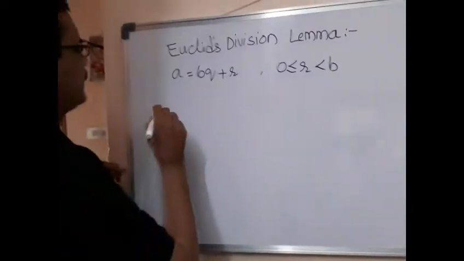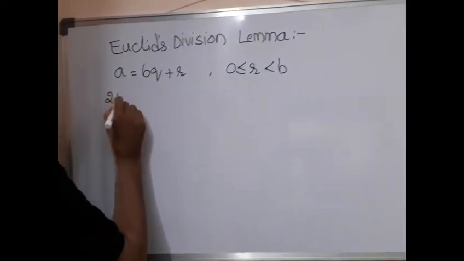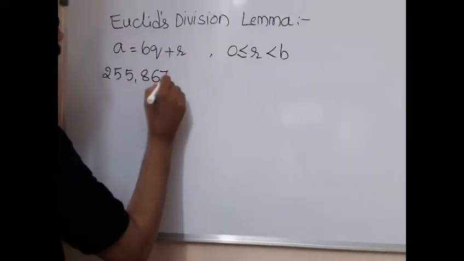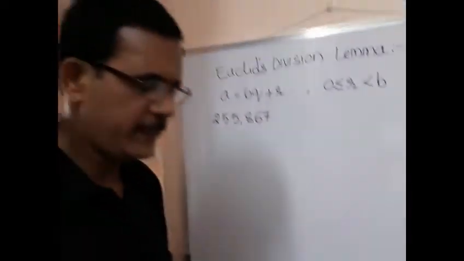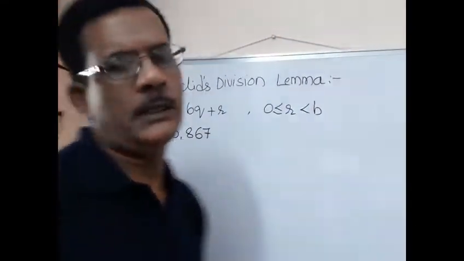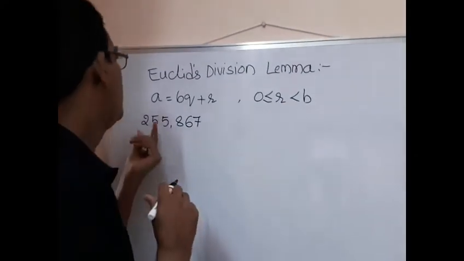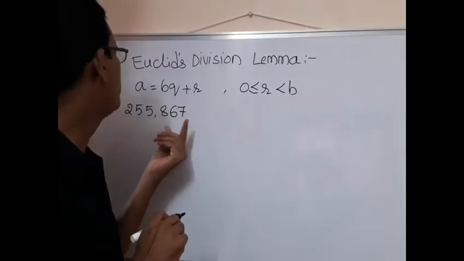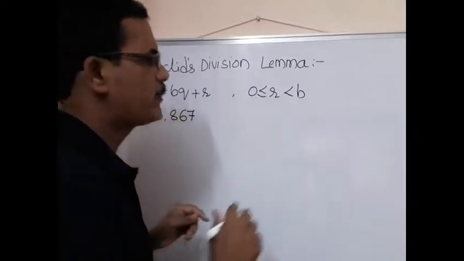Example: 255 and 867. Let us find the HCF of these two numbers using Euclid's division lemma. 867 is the larger number, 255 is the smaller.